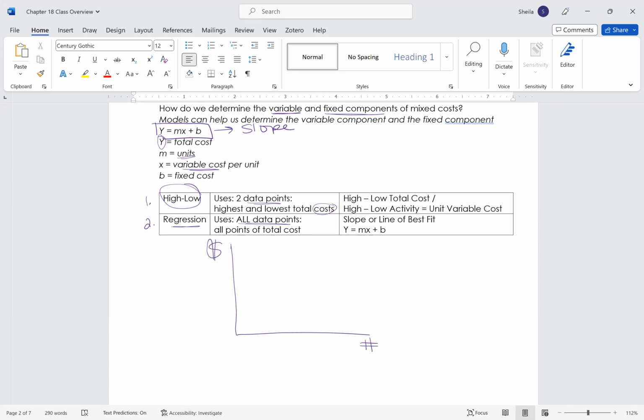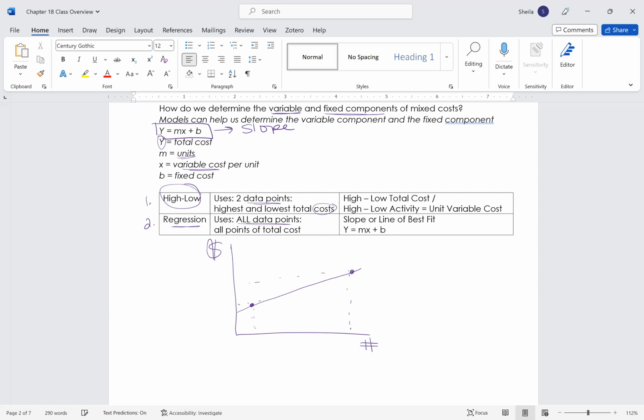Now I know I'm going to have some costs somewhere along this line, okay? High-low says, oh, we're only using two data points of information. So whatever this is representing here versus what this is representing here, okay? Now, that doesn't give us a great model, but it gives us some sort of model, okay? So that's one way we can separate out these mixed costs.